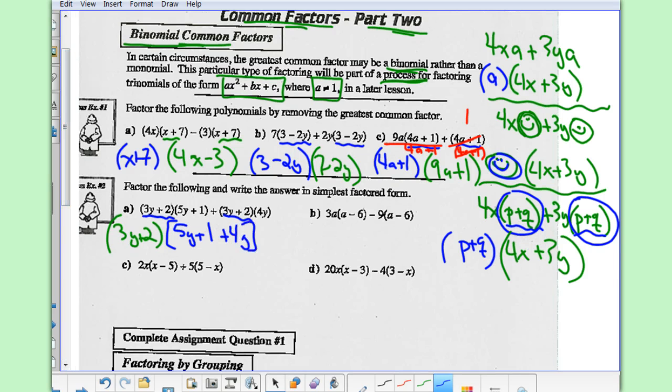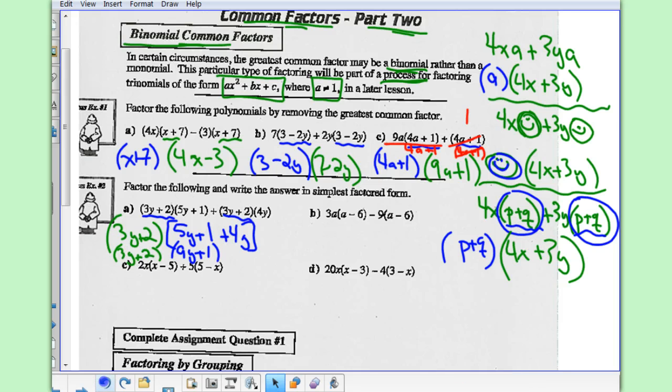Remember, you always put things in simplest form. So inside those factors, this is still going to be 3y plus 2. But this one, as you can see, we can simplify that. And we're going to get 5y plus 4y is 9y plus 1. Okay, so that would be simplest form.